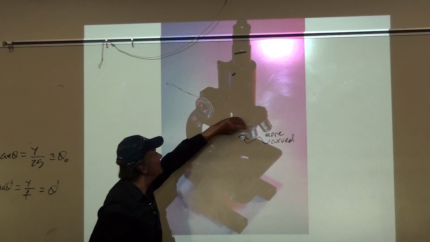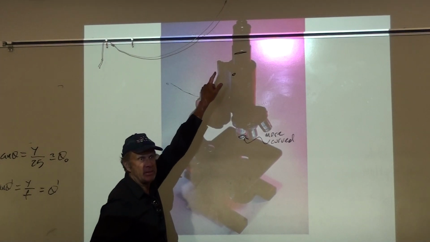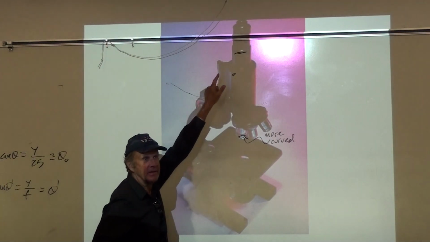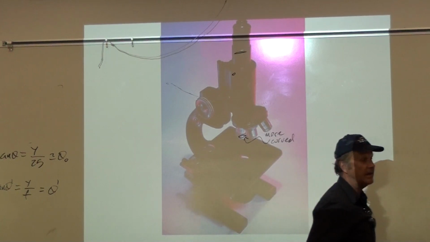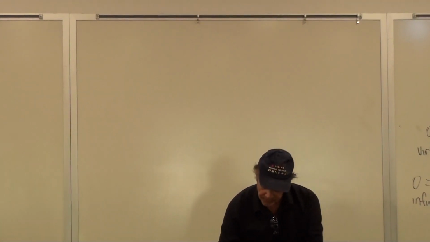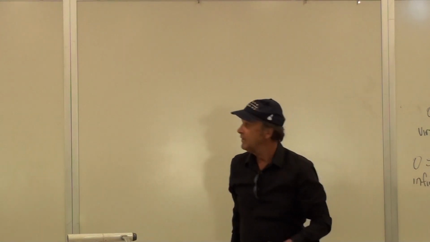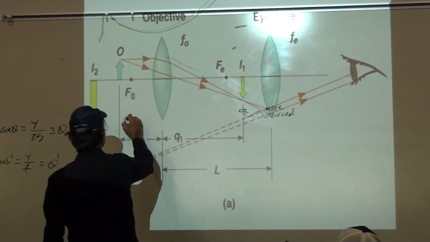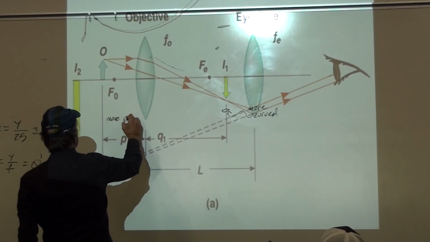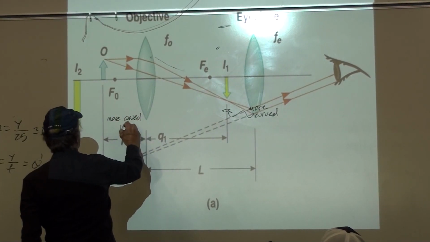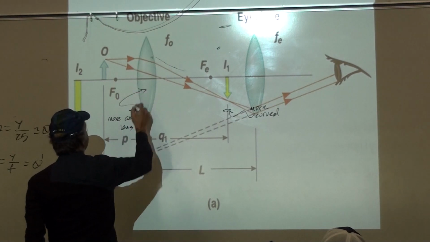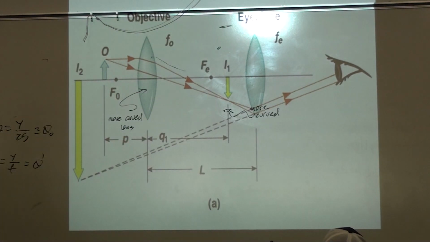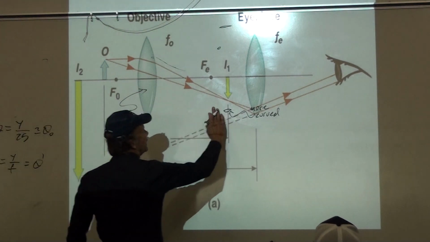So you can rotate the objective lens around, but you keep the eyepiece lens fixed. And so a lot of the things about a telescope, in a way, are kind of the opposite for a microscope. And so here we've got our more curved lens here. And this is your less curved lens here.